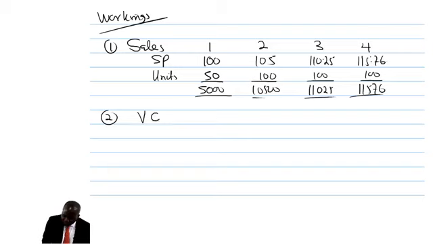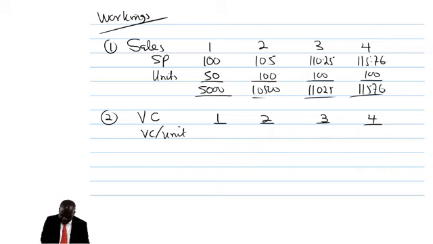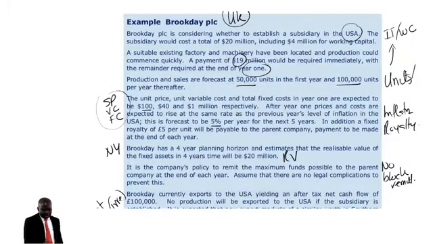Workings 2, variable cost, year 1, 2, 3, and then 4. And I'm going to say variable cost per unit. I go to the question, what is the variable cost per unit? I come to that paragraph. Variable cost per unit is said to be 40, which is also subject to inflation of 5%. So you know where to pick what.